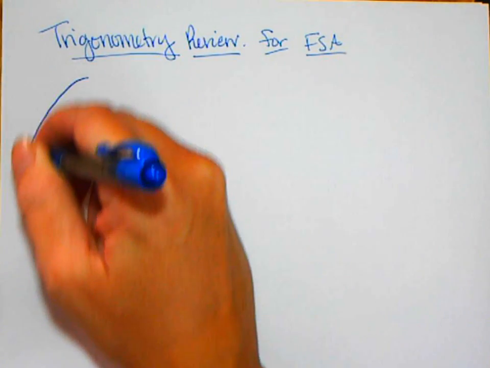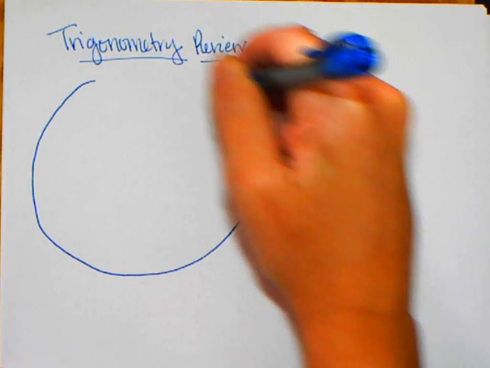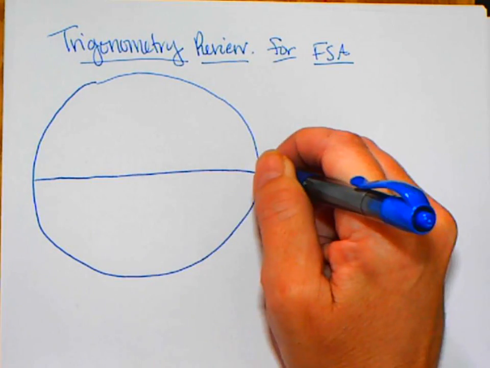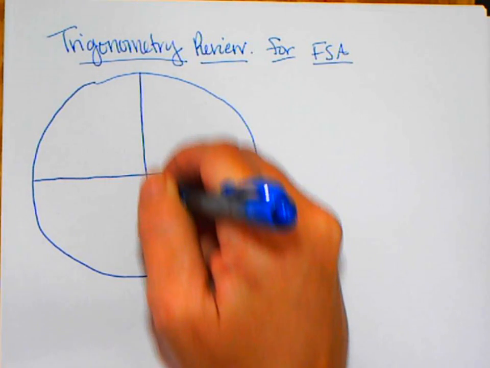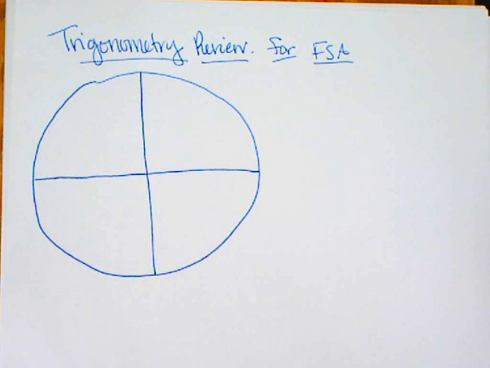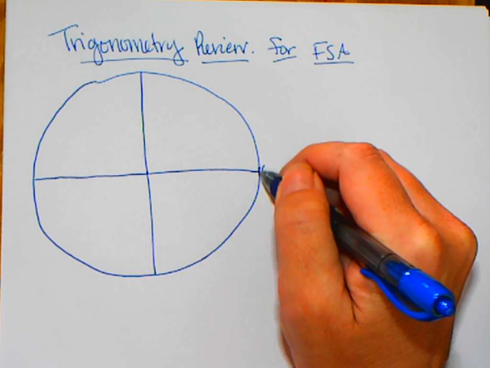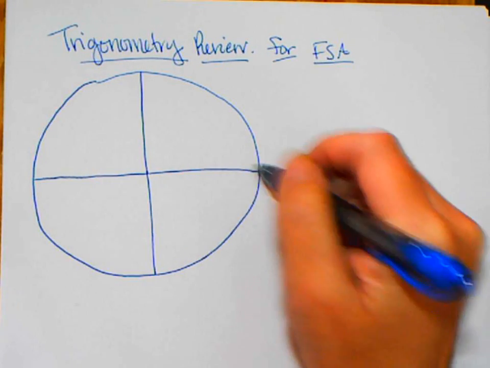So I will try to draw a pretty circle with an X and Y axis. And remember, the radius on a unit circle is 1. Right? So if from here to here, this X would have a value of 1 and the Y would have a value of 0.